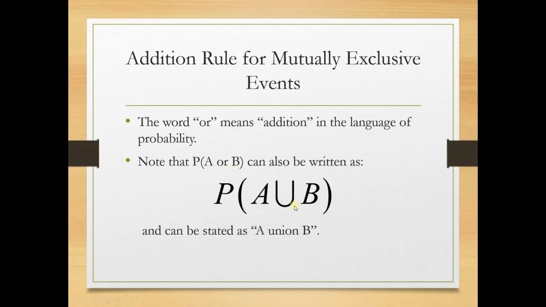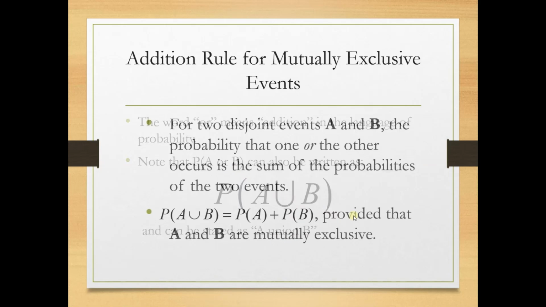So you can write it either way. So the addition rule for mutually exclusive events, for 2 disjoint or mutually exclusive events, A and B, the probability that one or the other occurs is the sum of the probabilities of the 2 events. So here it is in the fancy notation. This means or, and you just figure out the answer by adding the 2 probabilities together.